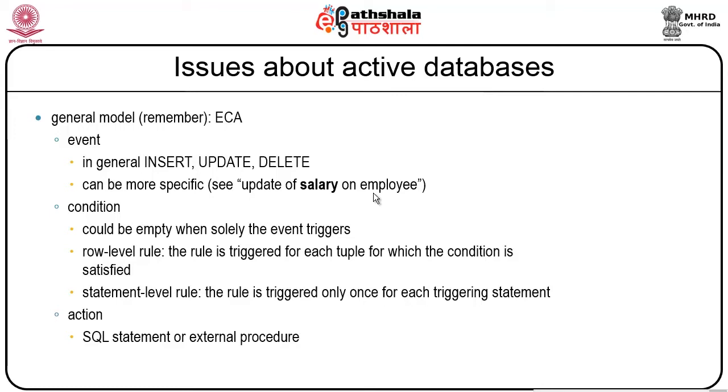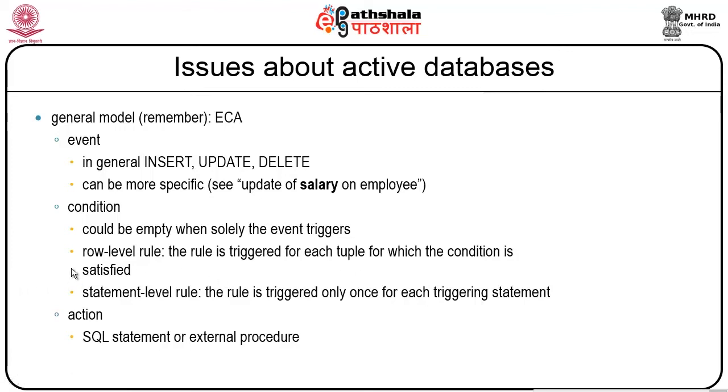So, that actually triggers an event, followed by a condition, which could be empty when solely the event triggers. It could even be a row level rule, where the rule is triggered for each tuple for which the condition is satisfied.